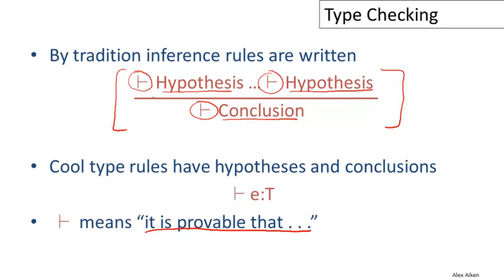And so the way you would read this is that if it is provable that the first hypothesis is true, all the middle hypotheses, and if it is provable that the last hypothesis is true, then it is provable that the conclusion is true. And COOL type rules are going to have the following kinds of hypotheses and conclusions. We're going to prove within the system that some expression has a particular type.